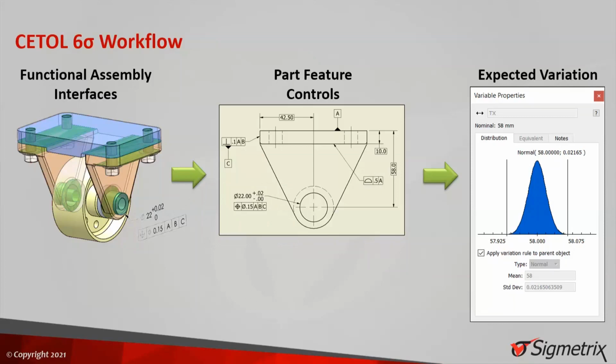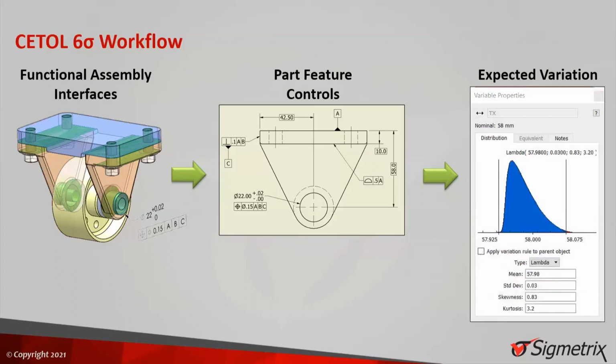So in the design stage, I believe that you are based on the normal distribution. But in pilot round or mass production, you got the actual data. So you can represent those distributions in CETOL based on your manufacturing data.